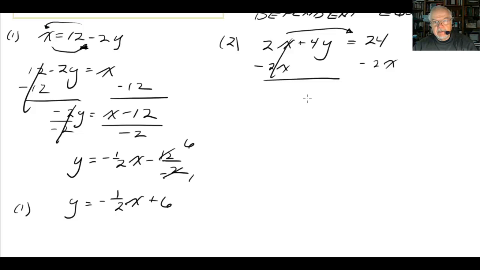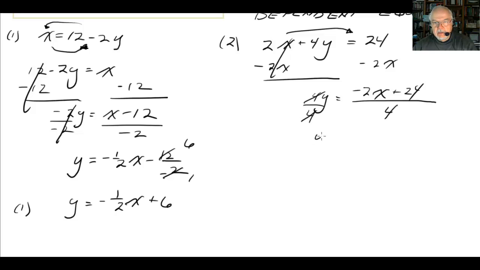We cancel that, and we get plus 4y equals minus 2x plus 24. And that plus sign here is superfluous. Don't need it. All right, so we're going to divide both sides by 4, so we can isolate y on the left-hand side.